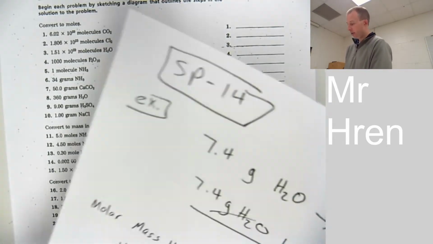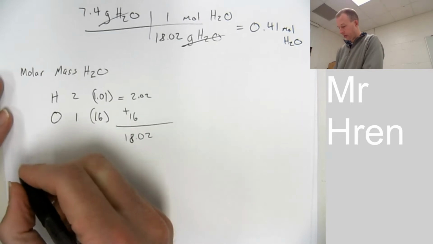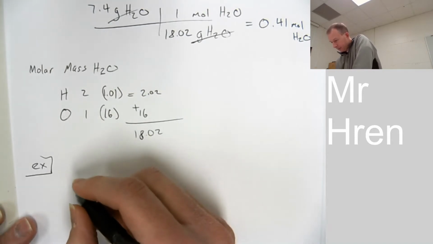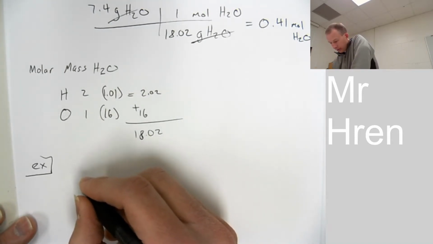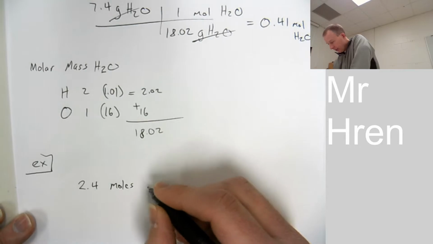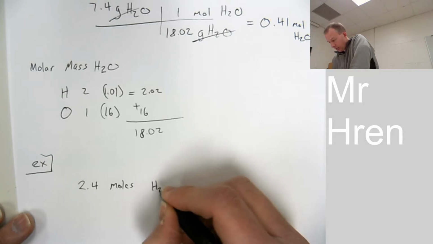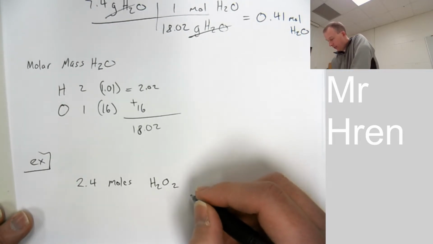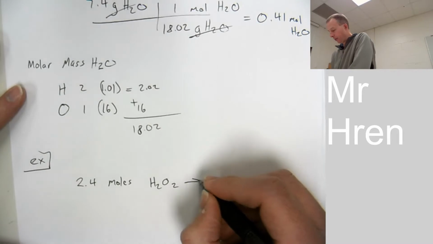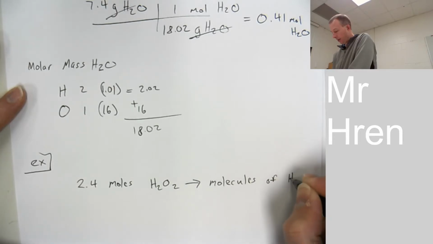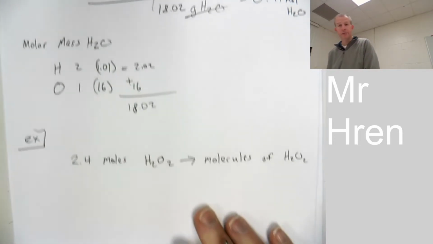In all of these, it's the same idea. The one thing that's going to get you, though, so one other example: what if you start with 2.4 moles of hydrogen peroxide, and you want to know how many molecules of H2O2 that is?